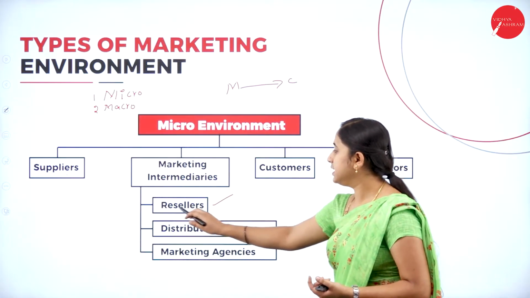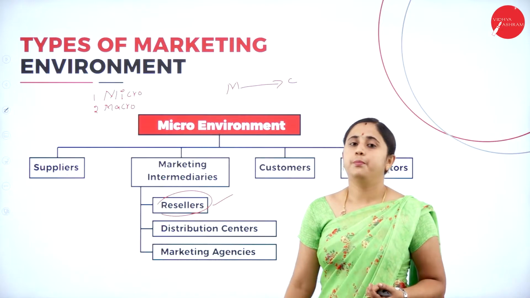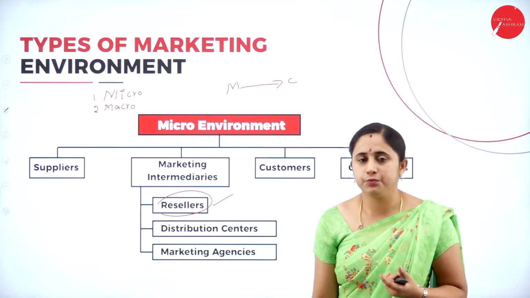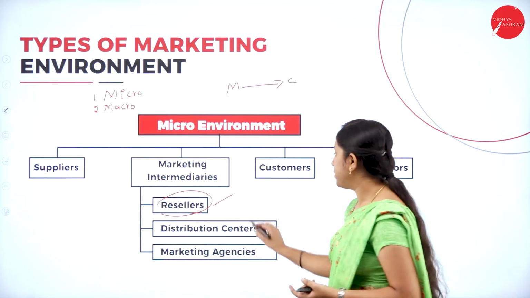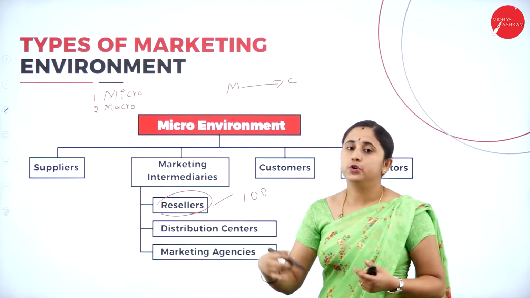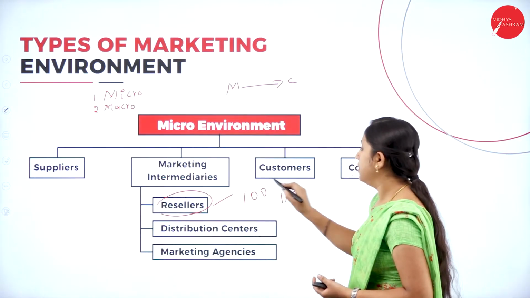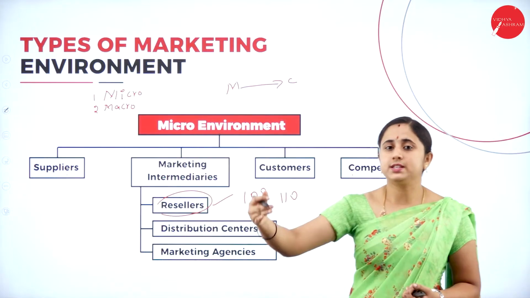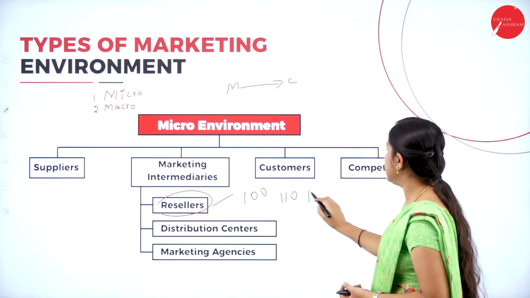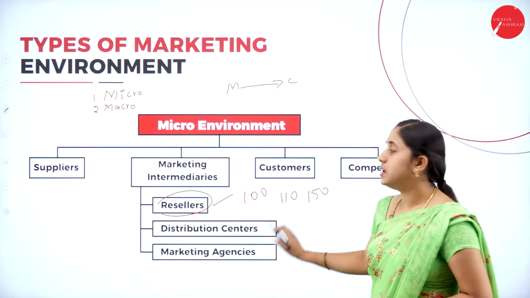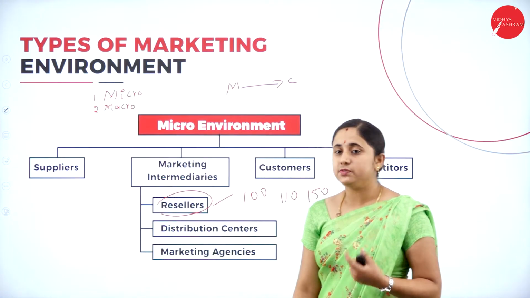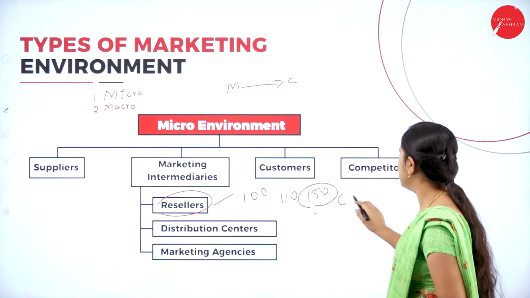So how does the reseller sell their product? What is the margin of the product? If the cost of production is 100, the producer will sell it at 110, but the reseller fixes a high margin of profit, so they sell at 150. So it is a loss for the manufacturer, as well as a burden for the consumer.